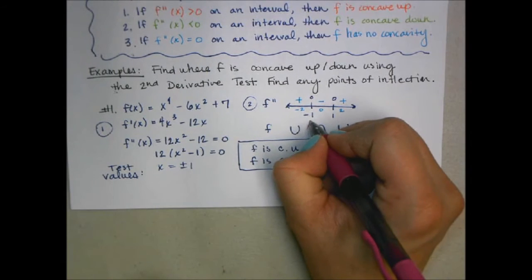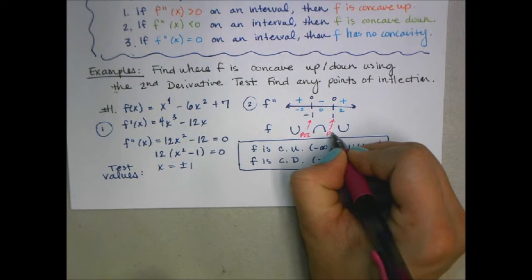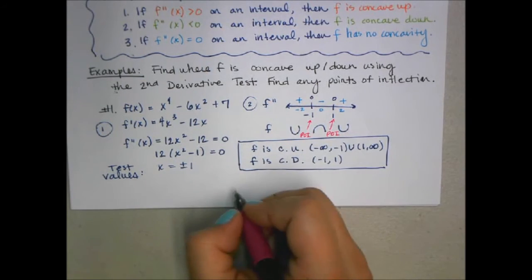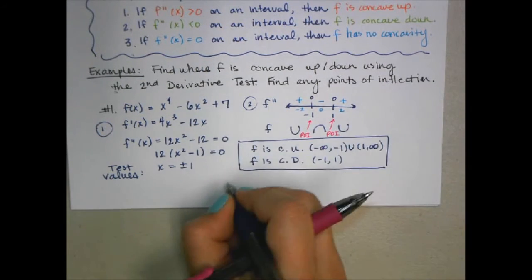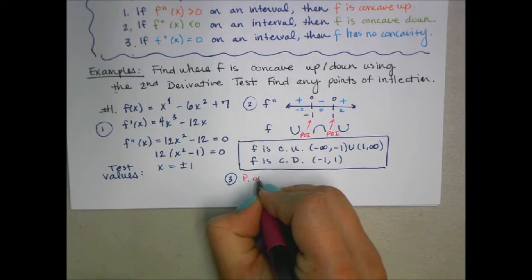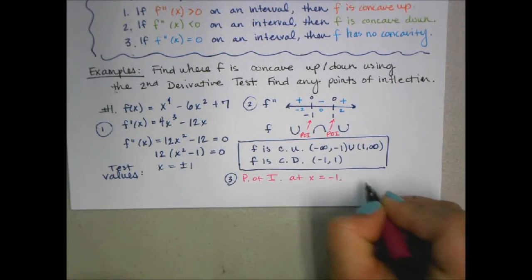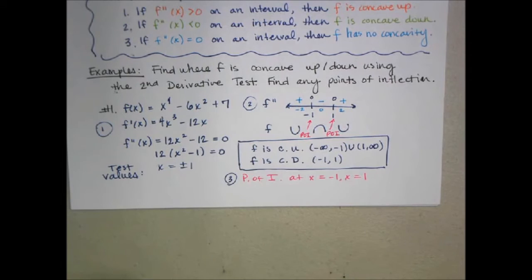So POI, and we'll go ahead and write that out as our third step. Points of inflection, when x is -1 and when x is 1. That finishes our first example.